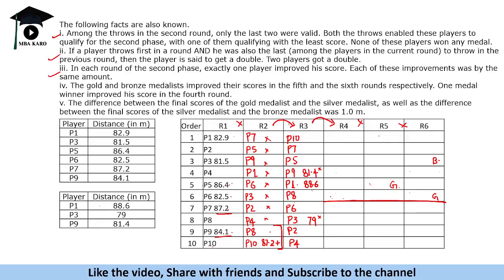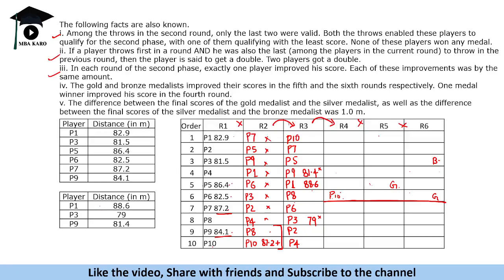Now, first one is of course P1 getting the highest score here, but if we see P10, we are not sure of the scores of P10. Suppose we consider P10 here, okay? And in the 3 rounds, there are 3 improvements, right? One is by the gold medalist, one is by the bronze medalist, okay?